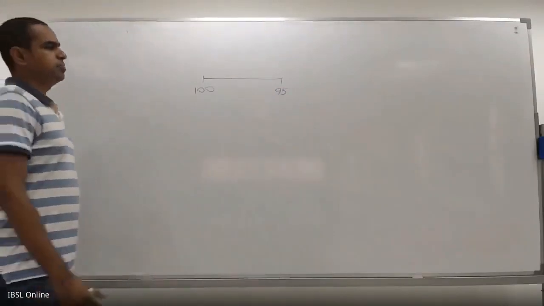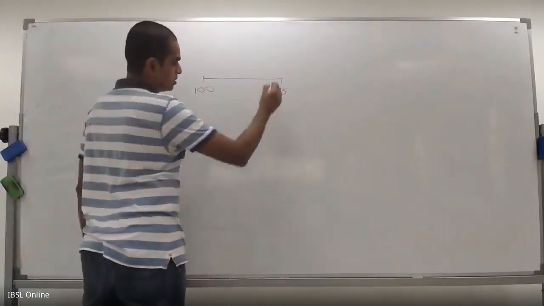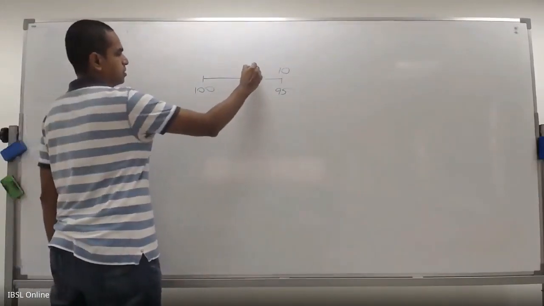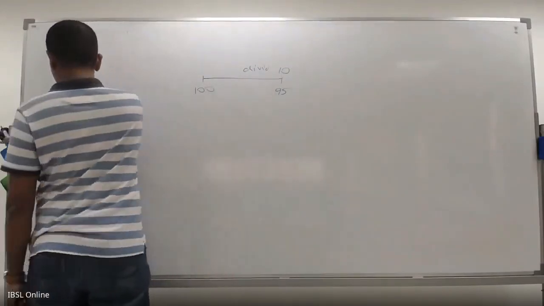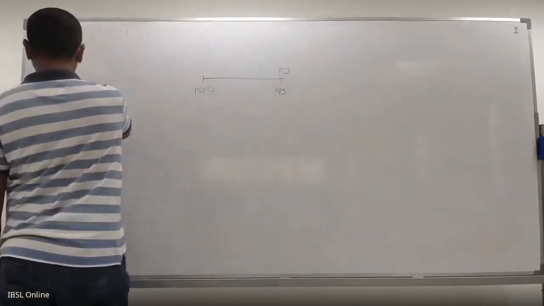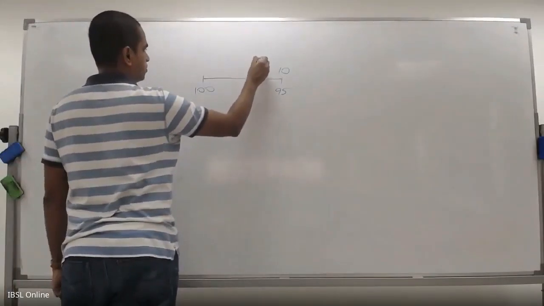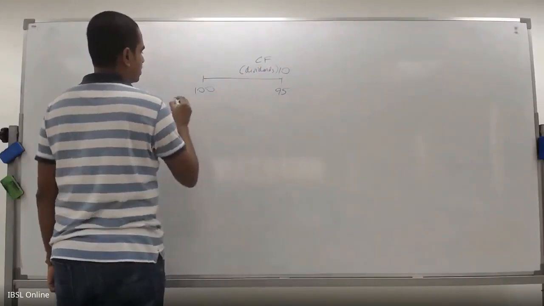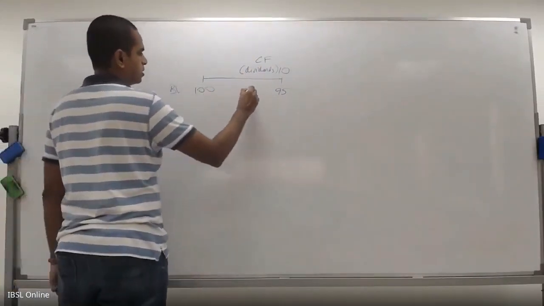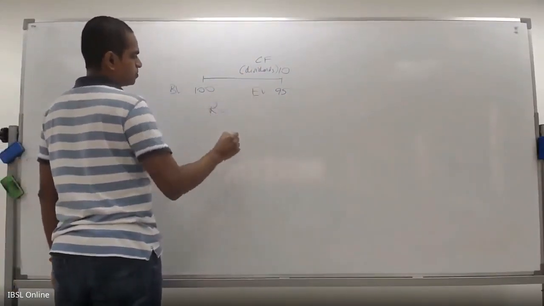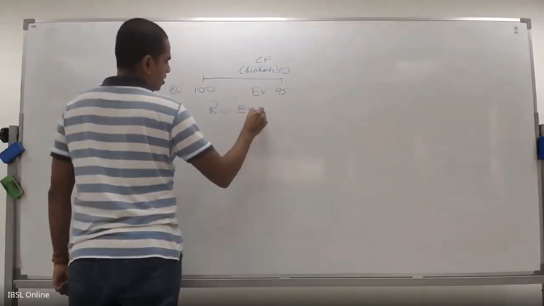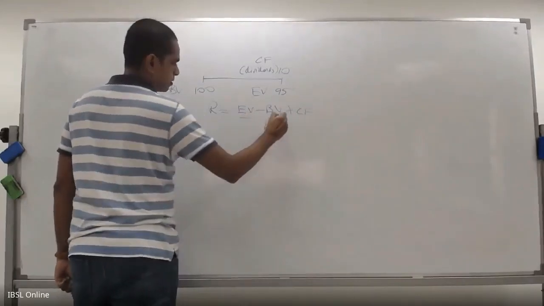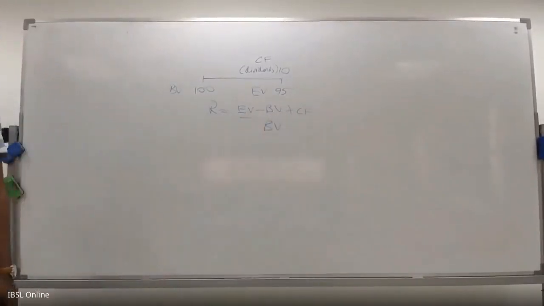Right? And in between, you get maybe dividends of 10. The dividends can be your cash flow. Here is your beginning value. This is the ending value. Your return will be the ending value minus beginning value plus cash flows divided by the beginning value. That is your return on investment.